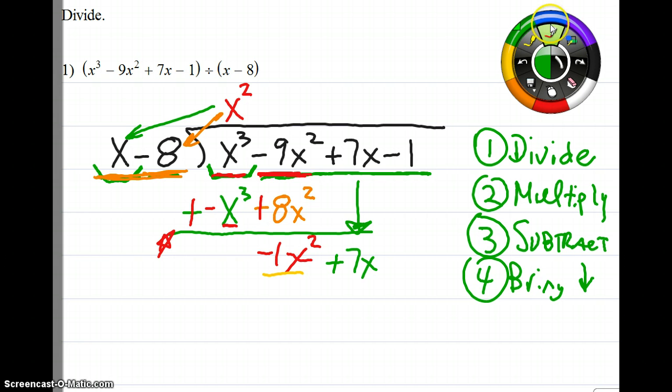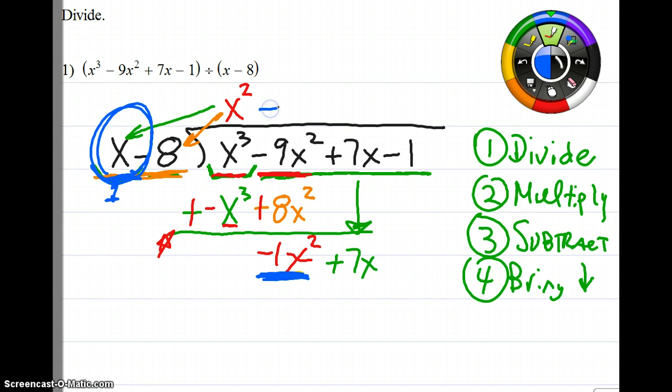So to try to make the equation a little bit easier, again, all that I'm going to look at is this first term and this first term. So does x go into negative x squared? And the answer is yes. Or another way of thinking of that is, what do I have to multiply this by to get a negative 1x squared?